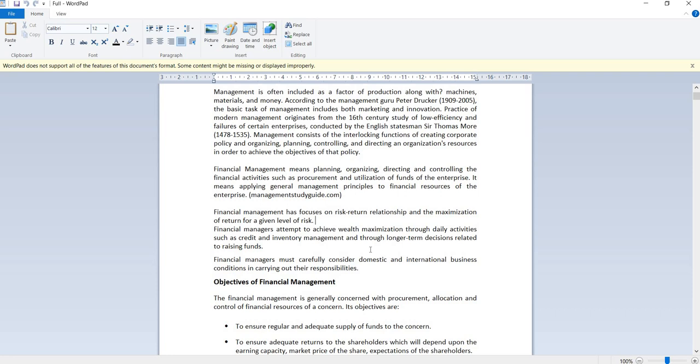So for example, nagbenta ka ng 10,000 na common stocks. At yung whole na company na yon is yung stocks nyo is 100,000. So ilang percent yung share niya? That is 10,000 divided by 100,000. It is 10%. 10% of the common stocks is sa kanya.